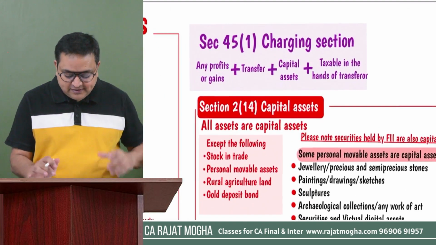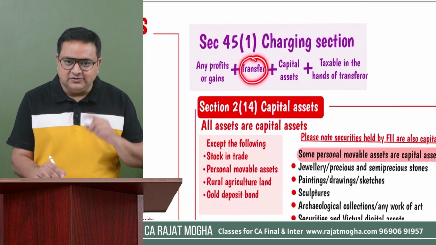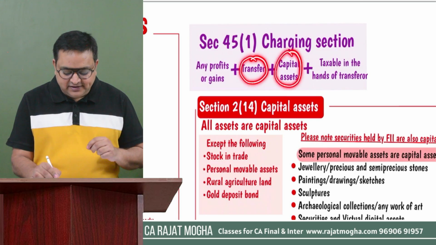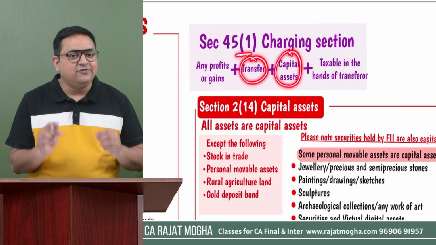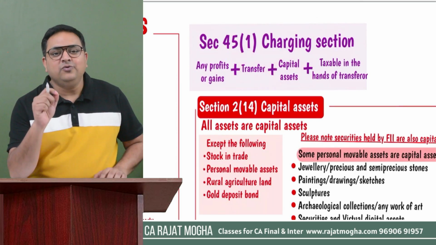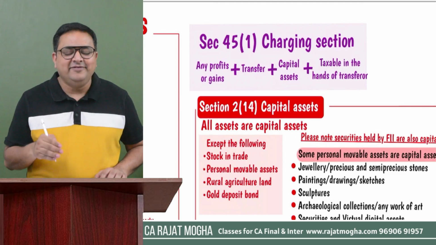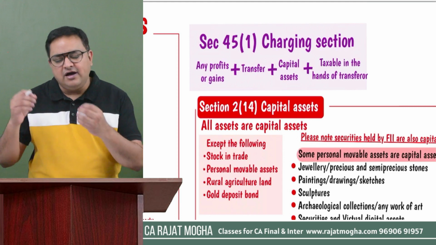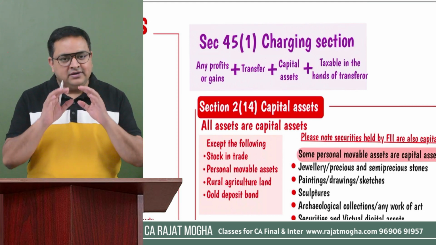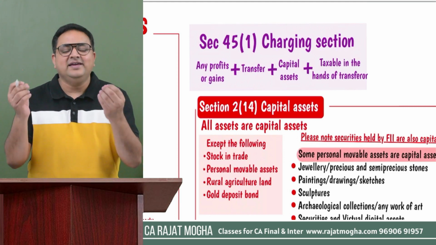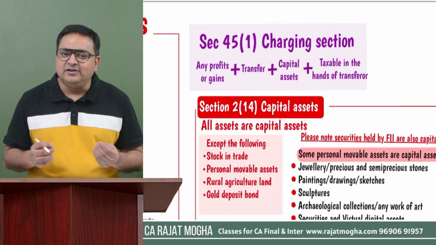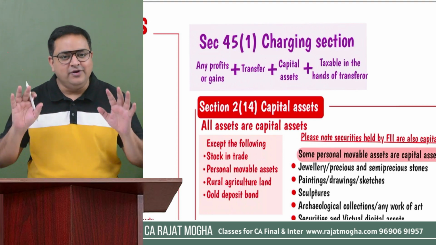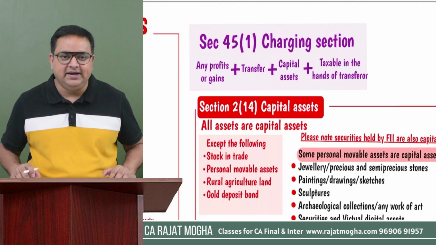Please remember that if there is a transfer of a capital asset, then this charging section 45(1) says that it will be taxable in that very year where the asset was transferred. Whether you have received the money or not, the general provision says that in the year in which you have transferred this particular asset, we are going to tax you under the head capital gain.